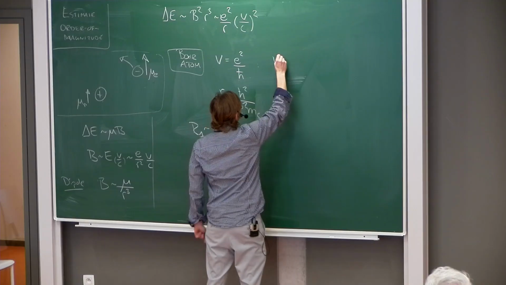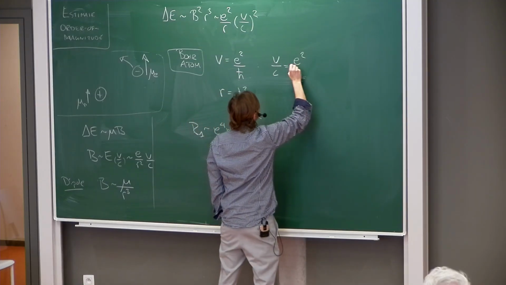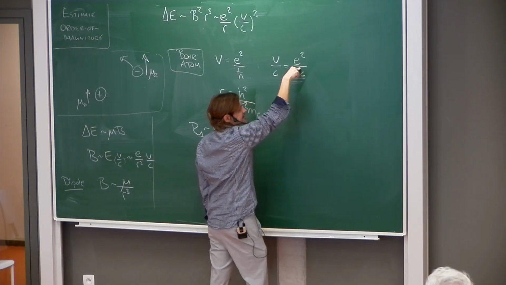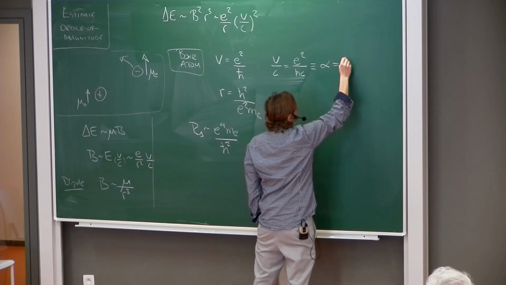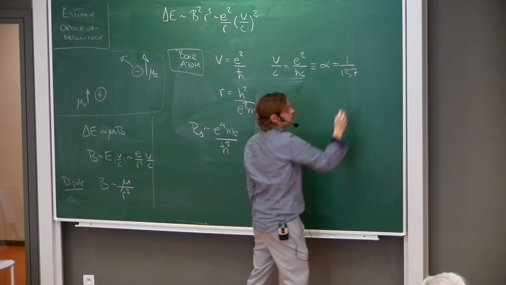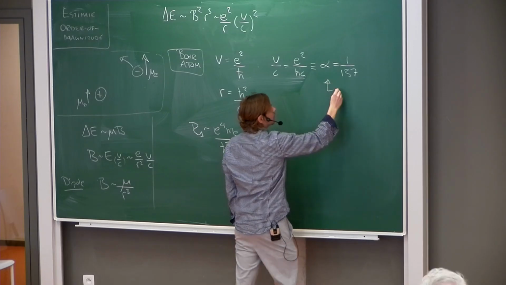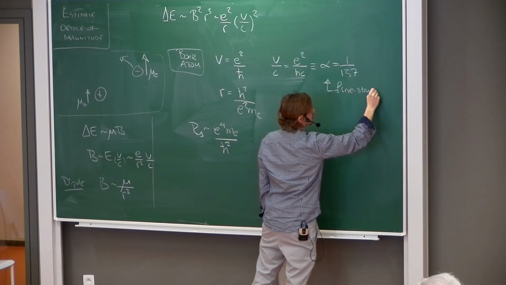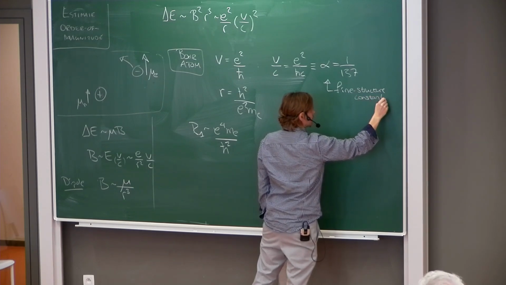Now, here, if we divide this by c, we have e squared divided by h bar c. This is a certain constant, which is called alpha, which has the numerical value 1 over 137. It is called the fine structure constant. Okay?